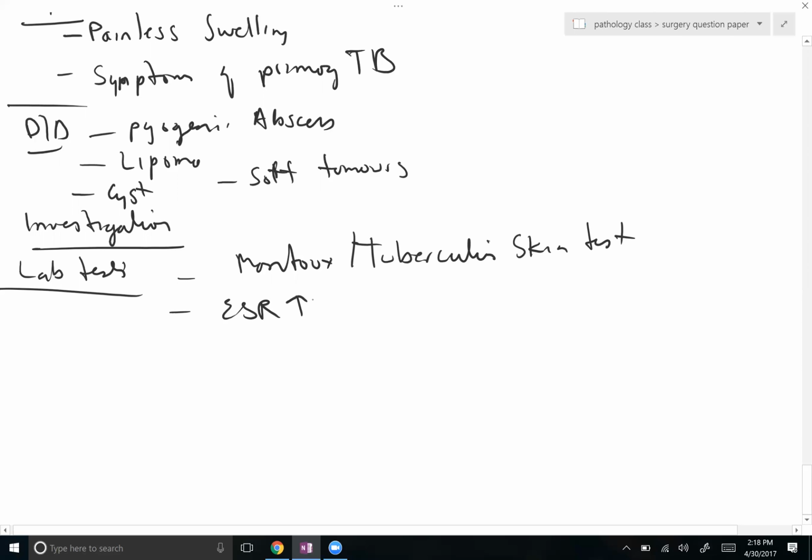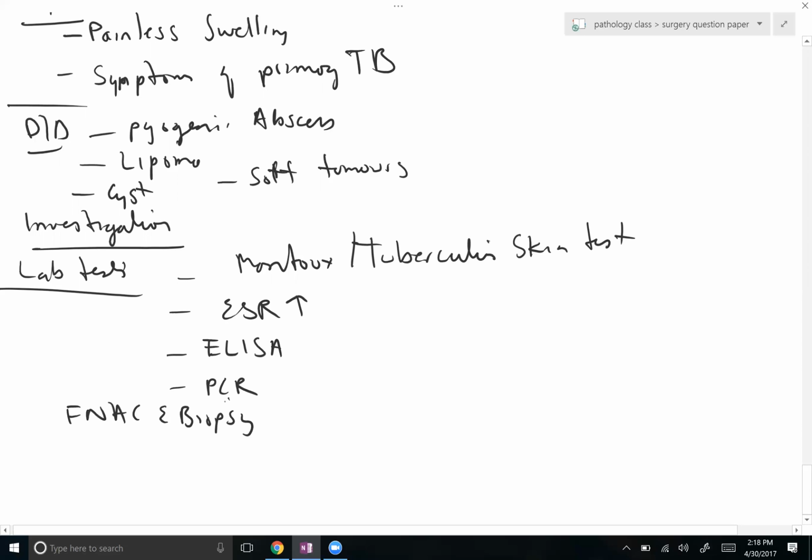ESR is increased. ELISA, enzyme linked immunosorbent assay, and PCR assays. Next, we can go for FNAC and biopsy to rule out any malignancy.